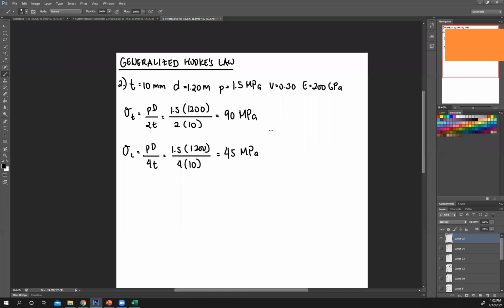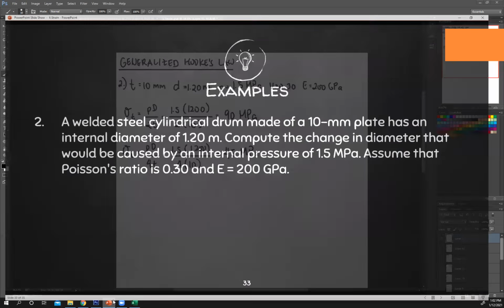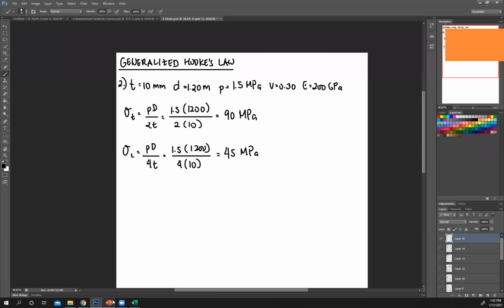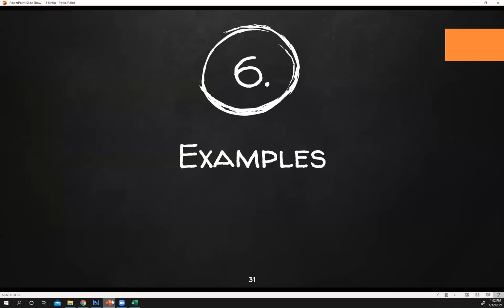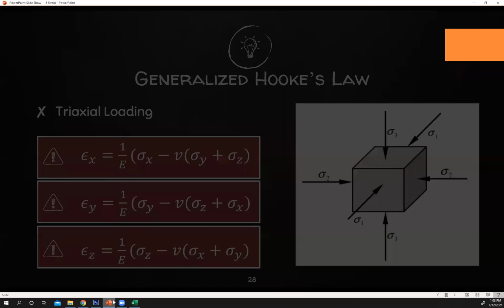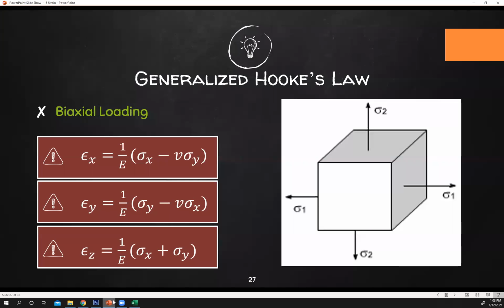Okay, now that I have that, these are two stresses, right?